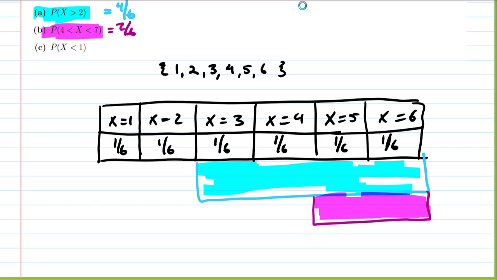And we want the probability that x is smaller than 1. That doesn't exist. It can happen 0 ways, so this is impossible. Because the smallest number on a die is 1. So there is no way to get a number smaller than 1. So the probability of that event is 0.